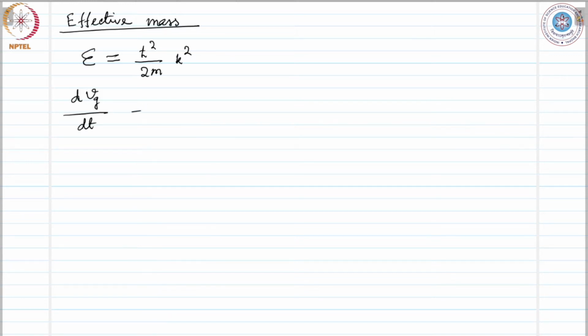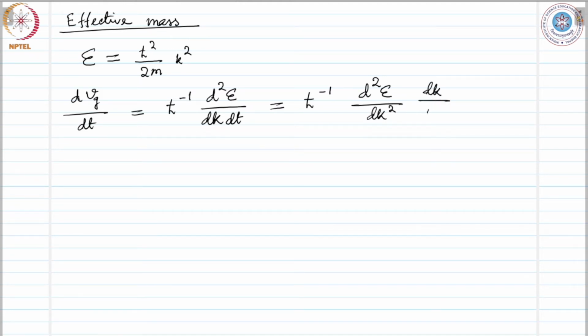This quantity is ħ⁻¹ d²ε/dk dt, which equals ħ⁻¹ d²ε/dk² dk/dt. This is what we obtain.